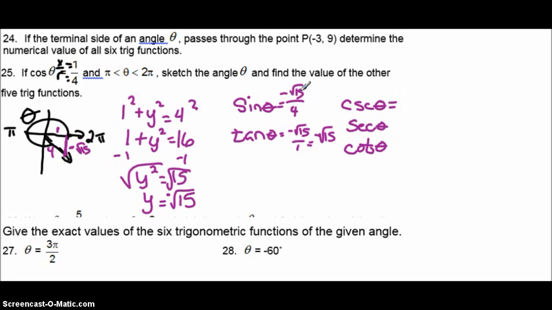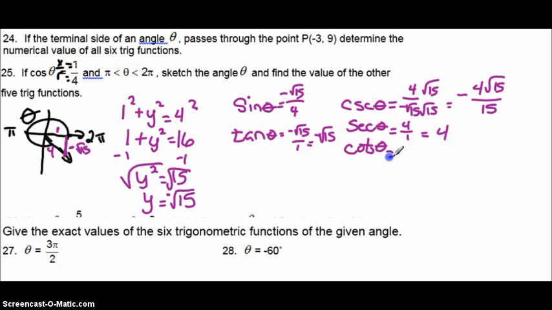Cosecant theta is the reciprocal, so 4 over negative square root of 15. Multiply numerator and denominator by square root of 15. And we get negative 4 square roots of 15 over 15. Okay, secant theta is the reciprocal of cosine, so that's 4 over 1, or simply 4.